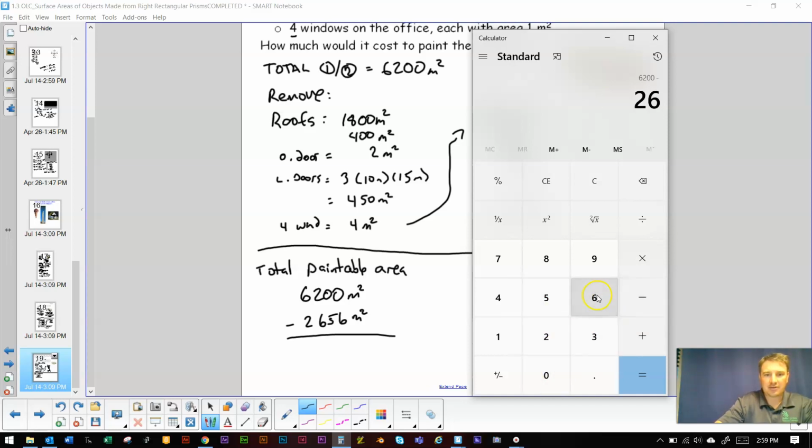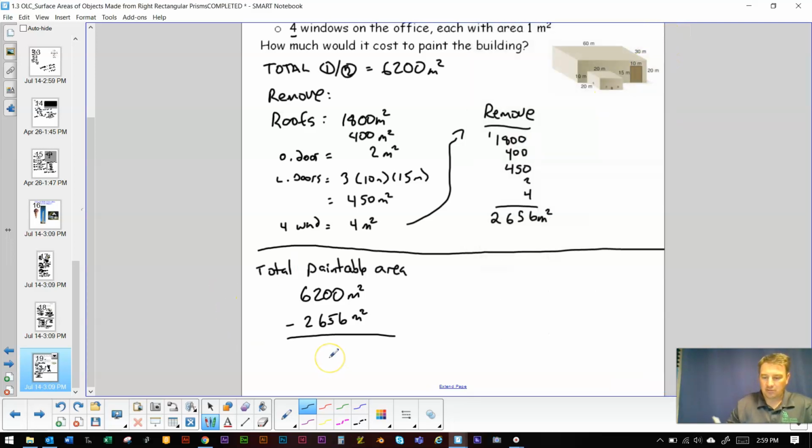Subtract 2,656 meters squared leaves us with 3,544 meters squared of paintable area.